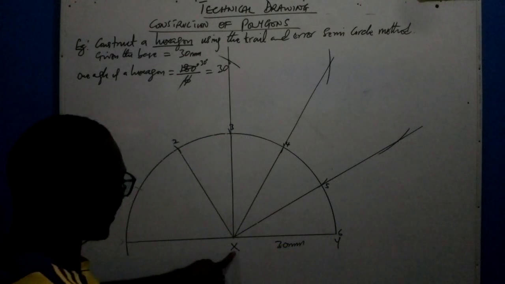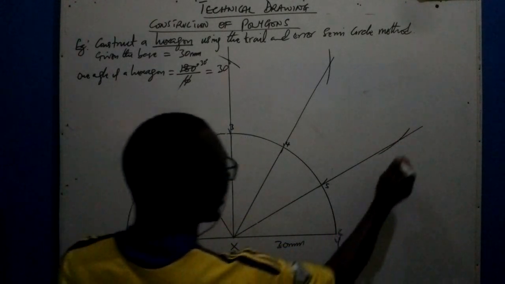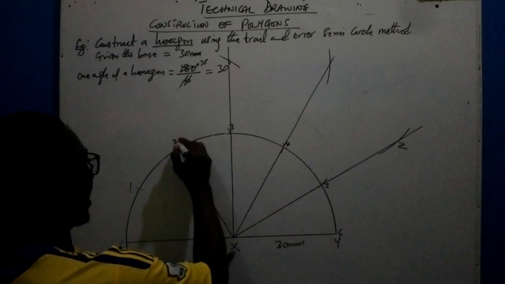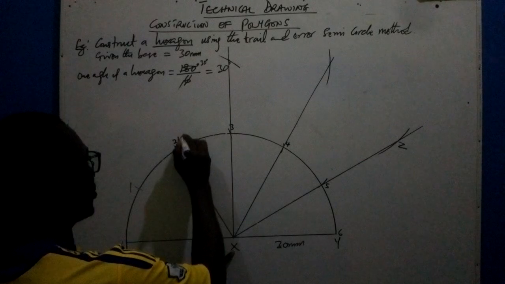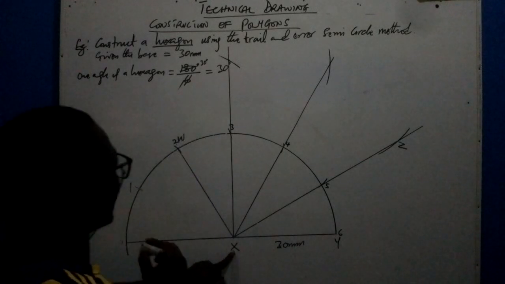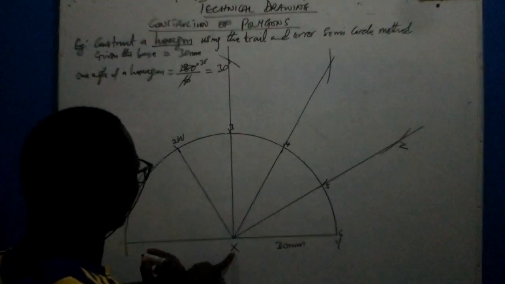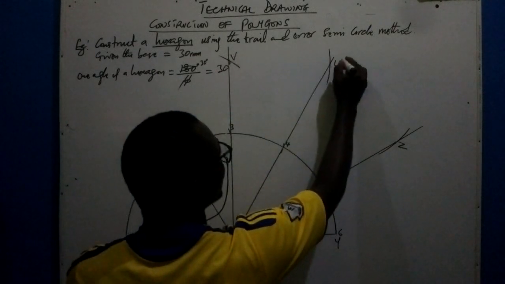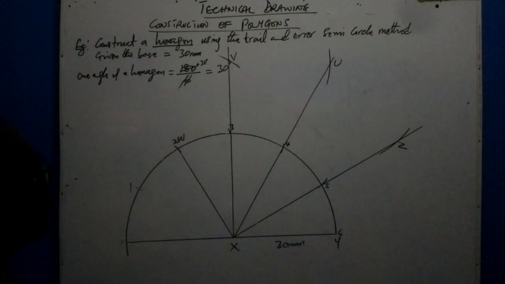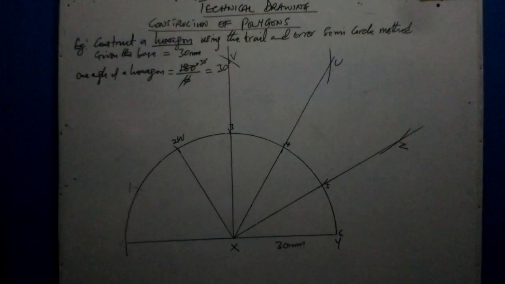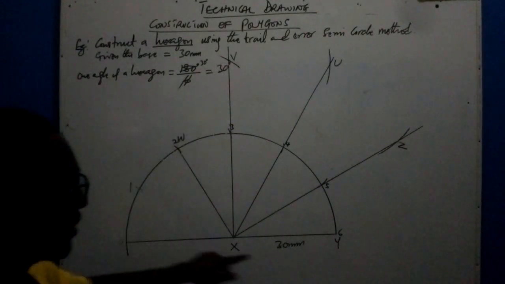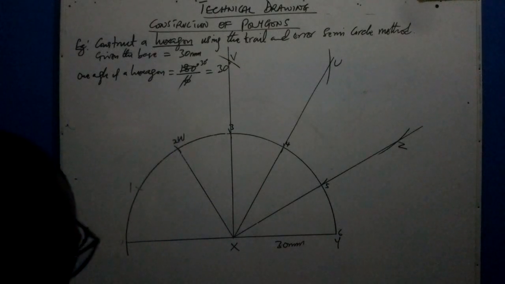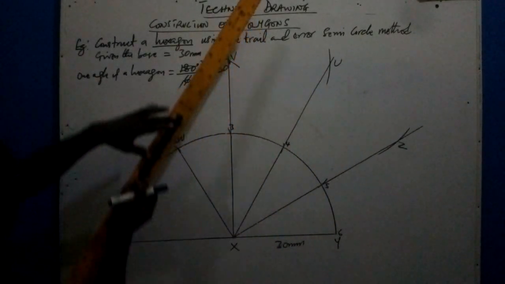Here is X, Y, I can make here Z. The letter that comes W. Then U. U, V, W, X, Y, Z. And then I will now join each side of it.